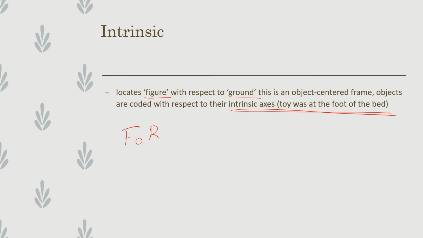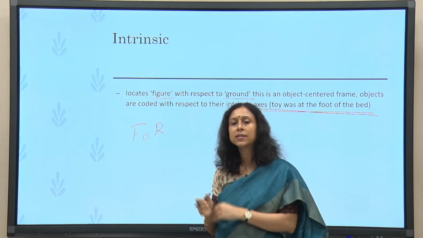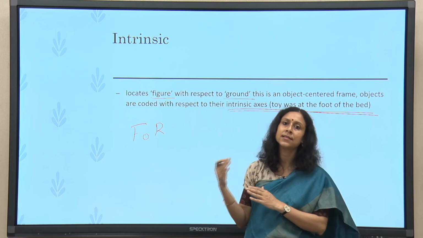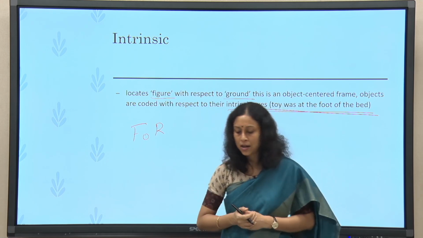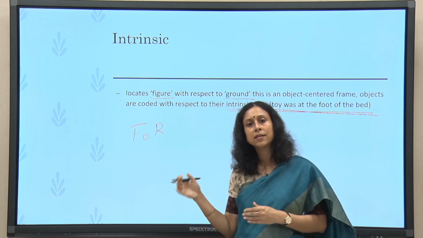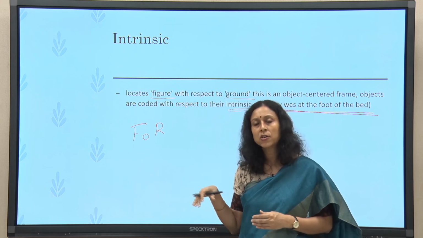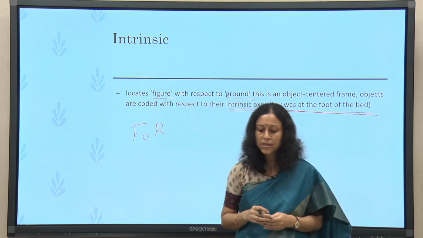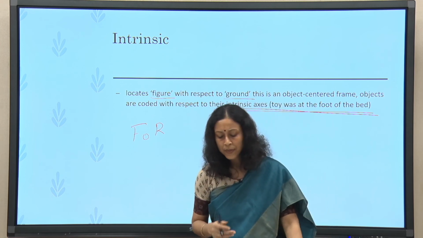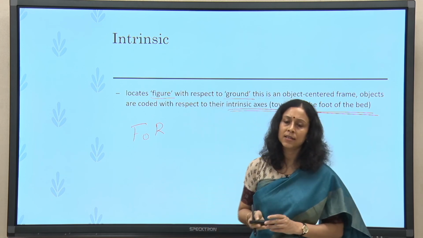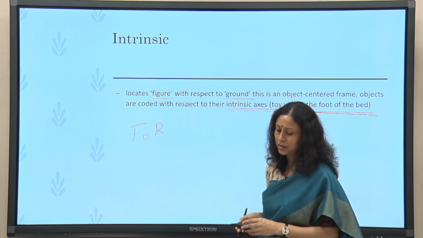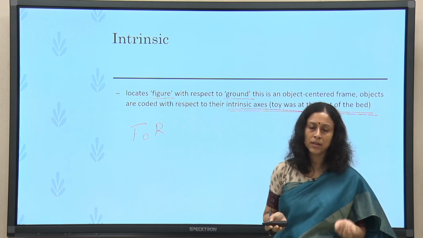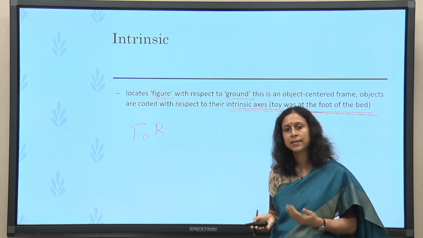So, basically transporting the ego's axis onto the object and thereby giving it as if it has its intrinsic orientation, and then deciding the location of the figure with respect to that ground. So, this is called intrinsic. Intrinsic frame of reference is also utilized sometimes in all languages, in English or other languages as well as in smaller languages.